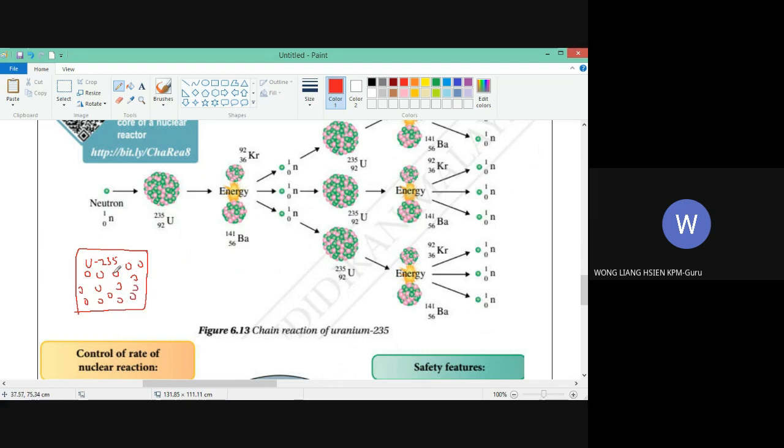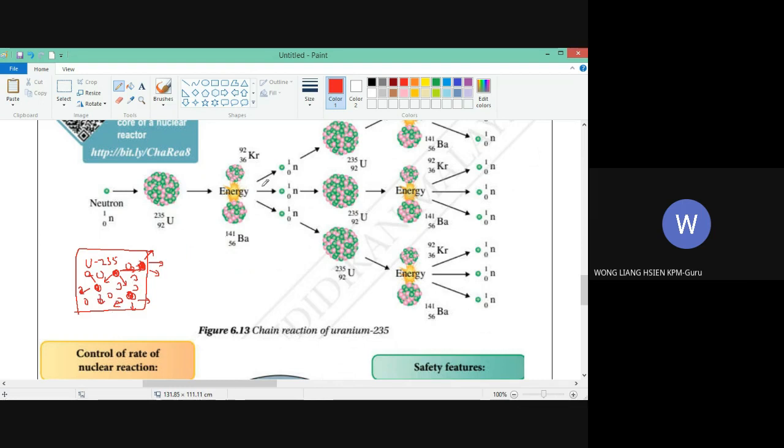So if one of them splits and releases 3 neutrons, this neutron may go into this uranium-235, this one goes to this uranium-235, this one goes to this uranium-235. It will make each uranium-235 split and release 3 more neutrons. 1 neutron, 2 neutrons, 3 neutrons.